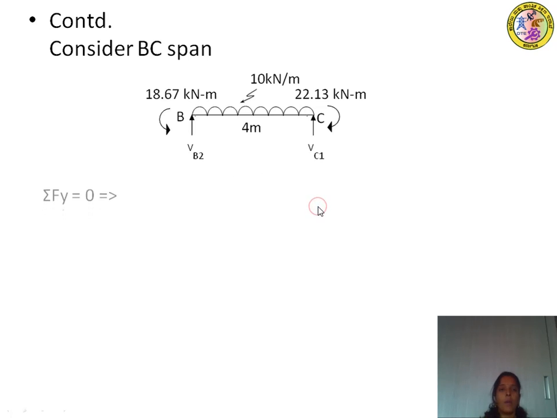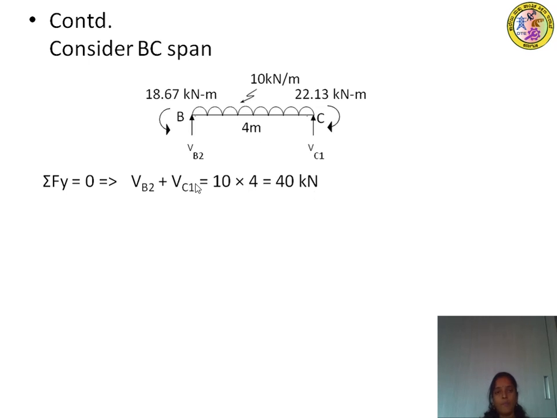Let us apply the equilibrium condition of sigma Fy is equal to 0, which implies VB2 plus VC1 minus, since it is subjected to UDL, to convert it into a point load, intensity into length, 10 into 4, is equal to 40 kilonewton. So VB2 plus VC1 is equal to 40 kilonewton.